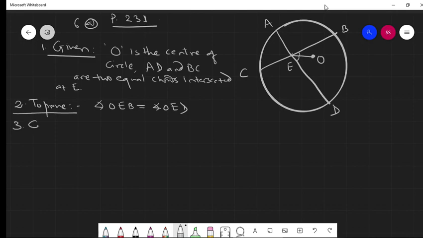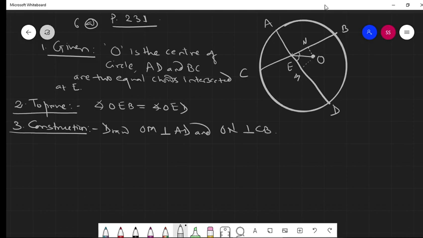Now number 3, construction. From here, if we have drawn perpendiculars, this is M, this is N. Draw OM perpendicular to AD and ON perpendicular to CB.